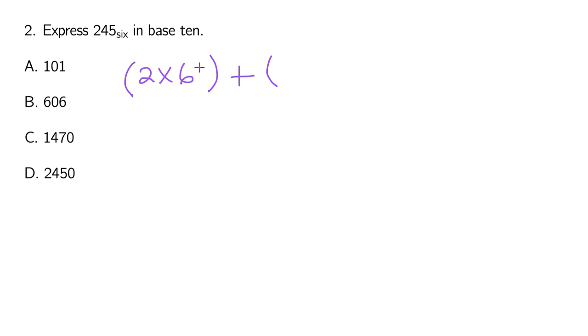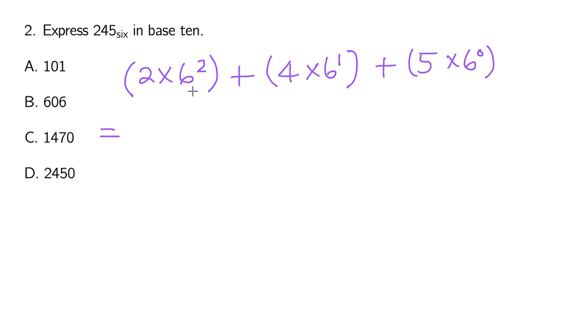We're going to write the power later. Then we have 4 times 6 to some power, and then we have 5 times 6 also to some power. Now we start writing the powers this way. It's convenient to start from the right and go back to the left, and then we simplify.